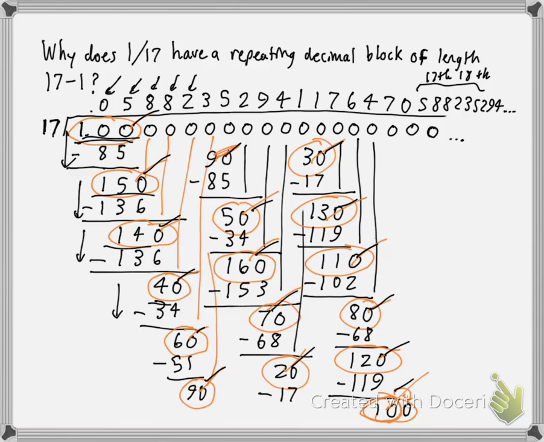And then this thing cycles all throughout again as we start getting into the 17th, 18th, 19th, and so on places. So that's why 1/17 is going to have a repeating decimal block of length 17 minus 1, and why that's the maximum possible we could have expected for 1/17.